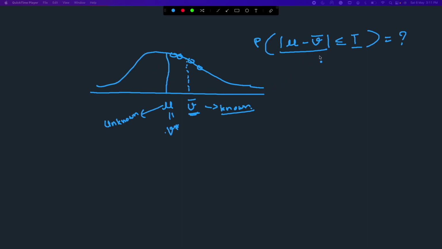And that's very useful, because even if I don't know this mu value, I can be very confident that if this is, say, 95%, then my mu value is within this distance of my observed mean. So that's useful.